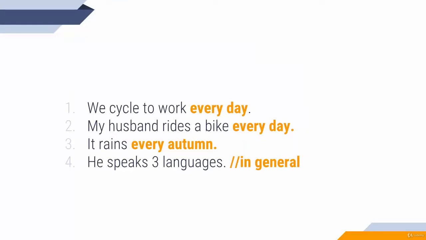The next question: in what situations do we use present simple? Or when do we need it when we speak? Some sentences for examples: we cycle to work every day. My husband rides a bike every day. It rains every autumn. He speaks 3 languages in general. Do you see the similarity here?